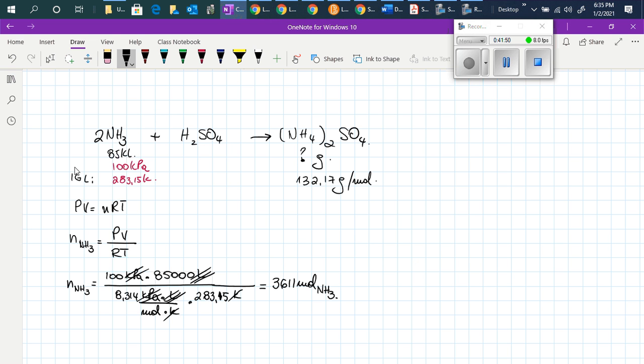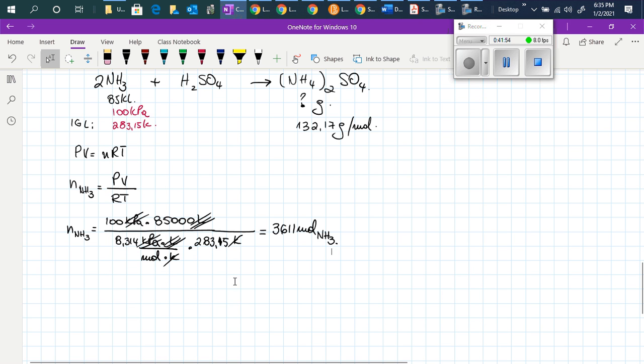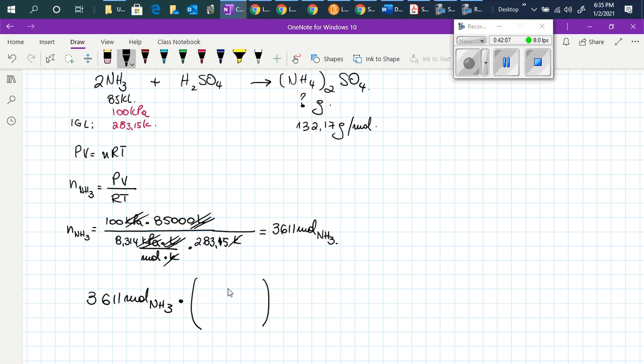Now you take this information and you apply simple Stoich. So you go 3611 moles of NH3. To move to the unknown, we will use the molar ratio.